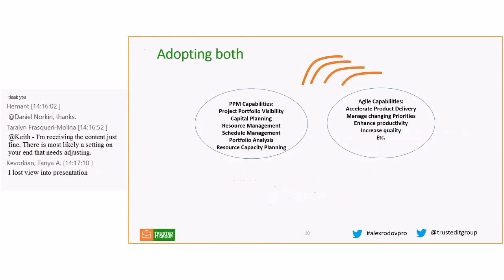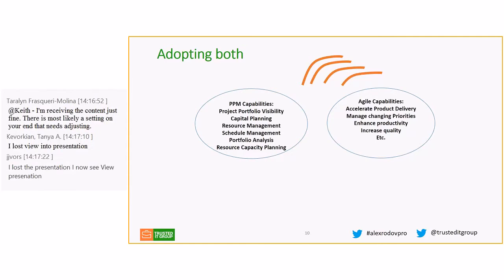So let's quickly look at capabilities. When we talk about how we combine waterfall and agile, what are we really talking about? We're really talking about the PMO and the different types of capabilities that each of these methodologies of managing projects gives us.